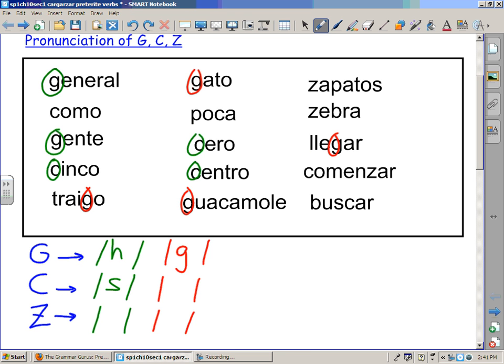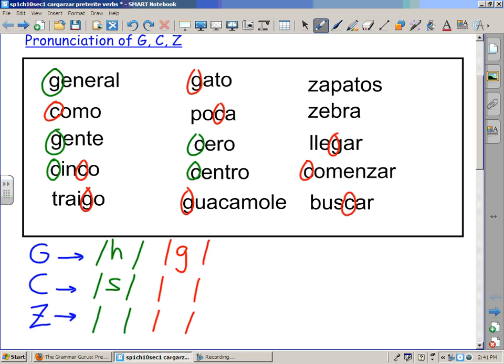Centro. That's it. What about hard sounds? Como. Cinco. Buscar. Foca. Comenzar. Very nice. Our last is Z.